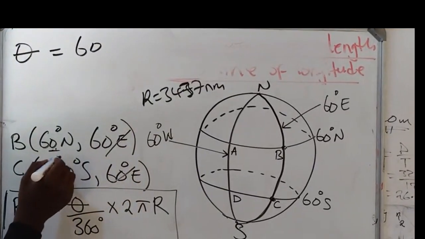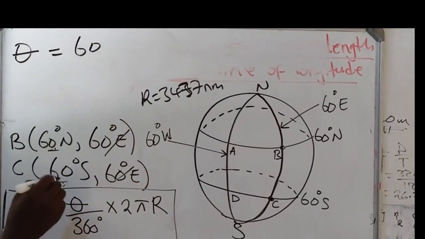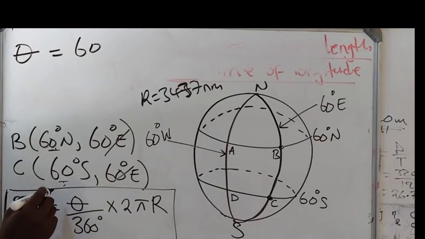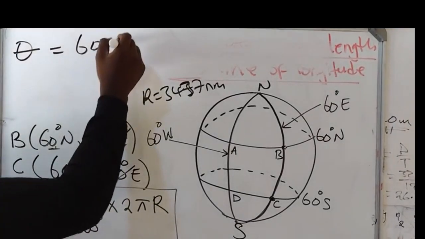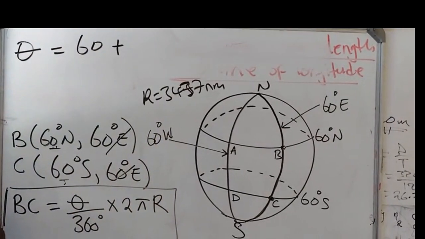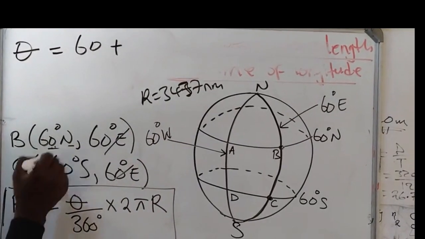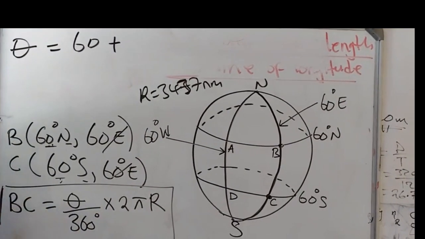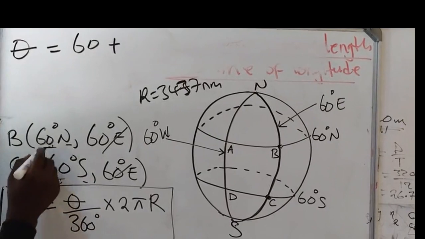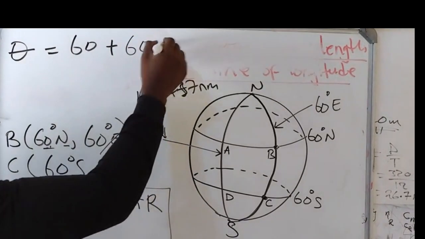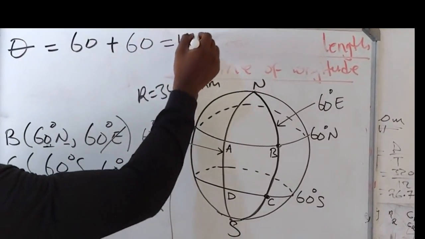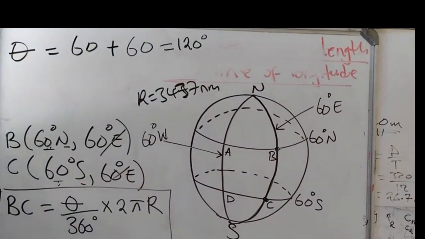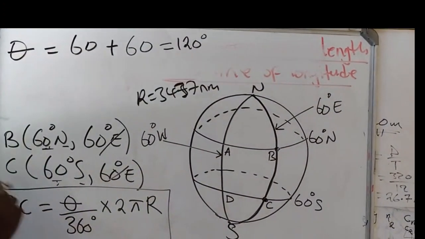These are lying on different sides of the equator, meaning we are going to add. This one is on the north, this one on the south. So we add 60 plus 60, which gives us 120 degrees. This is the difference in latitude for theta.